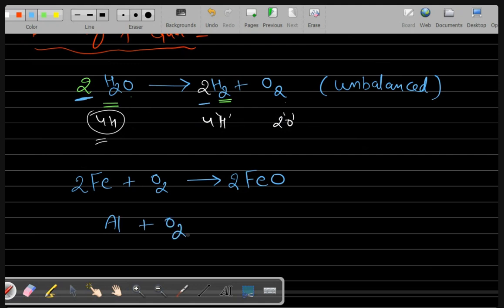Now aluminium plus oxygen producing aluminium oxide. Aluminium is two on one side, one on the other. Oxygen is three there, two there. To balance out aluminium first, you put two next to the Al. Then it's two. To balance out the oxygen, we need to put two, three, two.